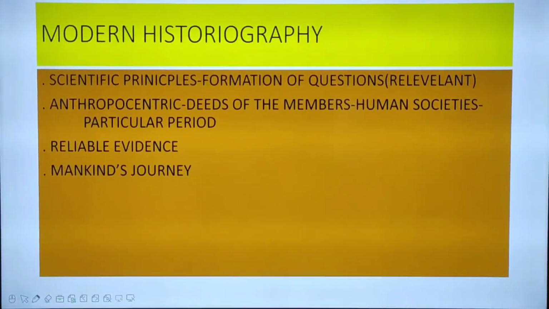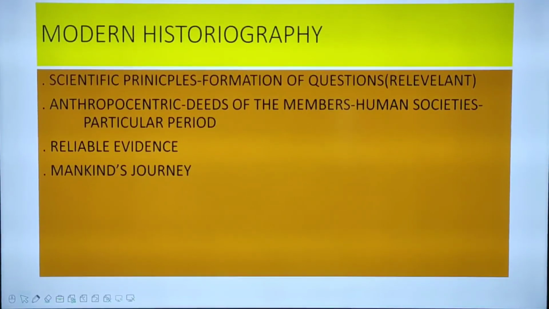Modern historiography is completely based on scientific principles. Scientific principles means what? Based on the question. If I don't get answers to my questions, it's not modern historiography. In simple words, I need to form the questions. Relevant questions. It can't be vague. It cannot be out of this world. It should make sense.